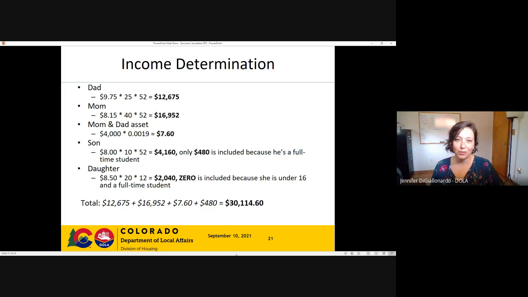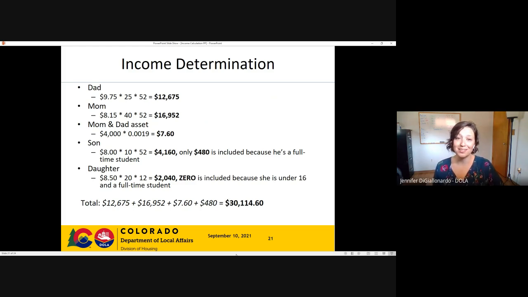So for dad, we take his hourly rate times the 25 hours he works times 52 weeks in a year. Mom, same thing with her, $8.15. She works 40 hours a week, 52 weeks a year. Mom and dad have that $4,000 in the savings account.